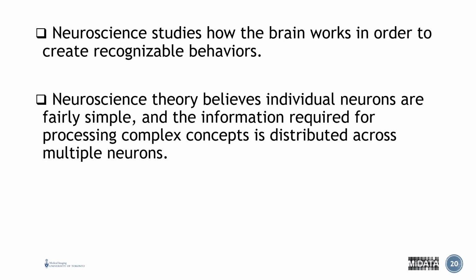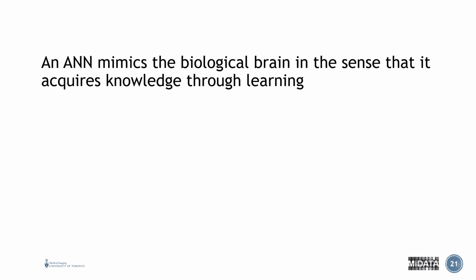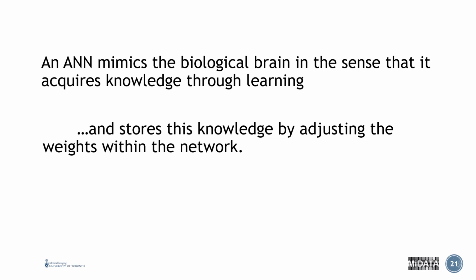So many, many neurons. The artificial neural network loosely follows this second theory. An artificial neural network, or ANN, mimics the biological brain in the sense that it acquires knowledge through learning and stores this knowledge by adjusting the weights within the network.